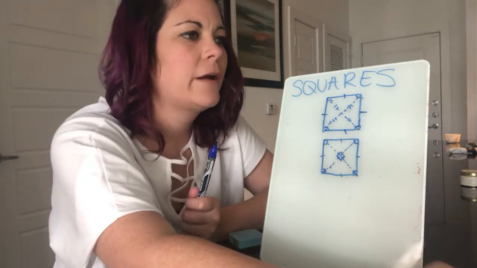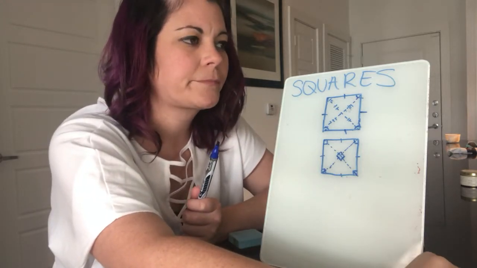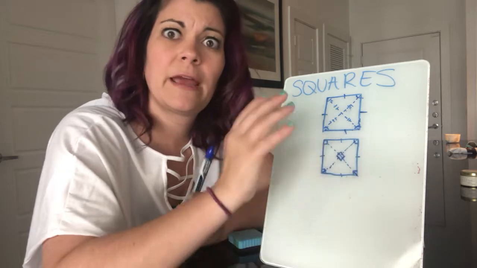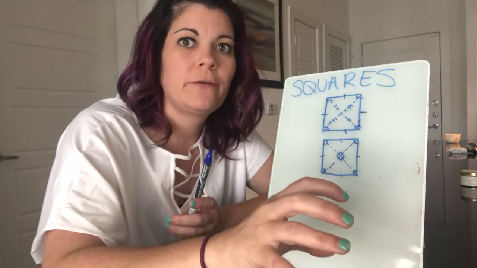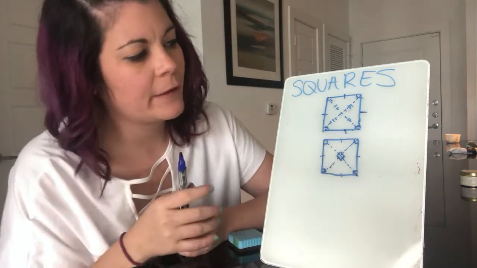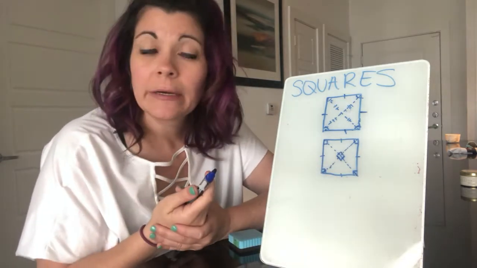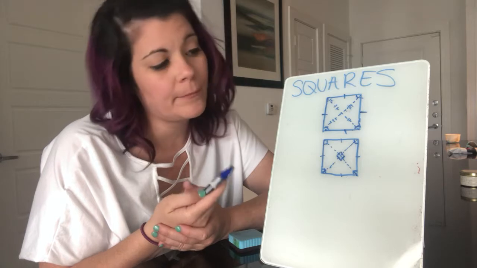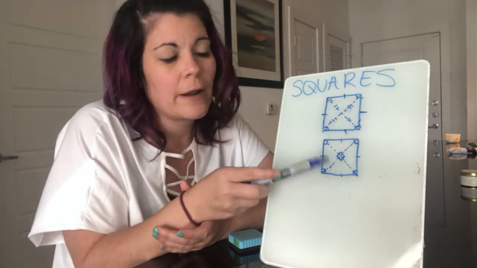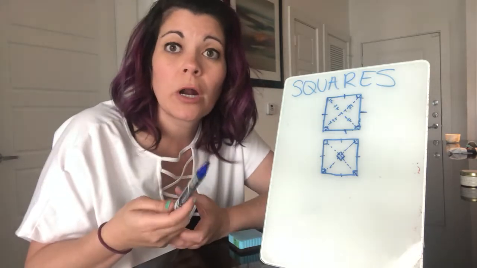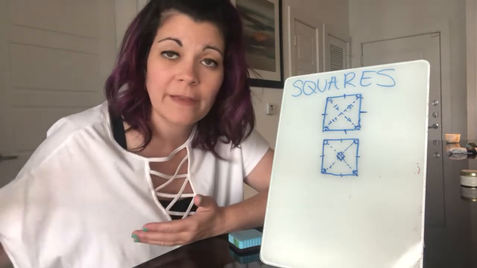Okay, so square examples. Those are your properties that you can use in a proof. If you're having to prove that something is a square, if you can prove that all 4 angles are right, then you are a step towards proving that it's a square.